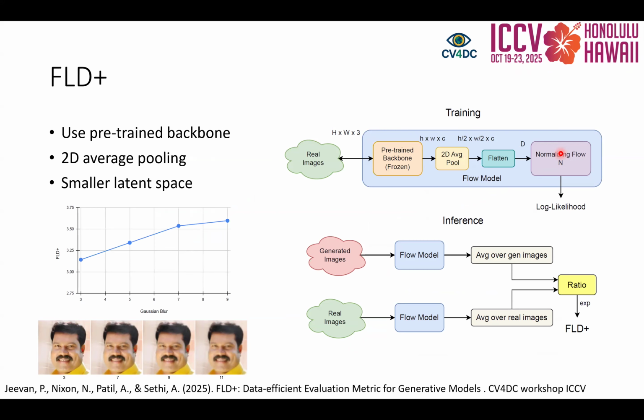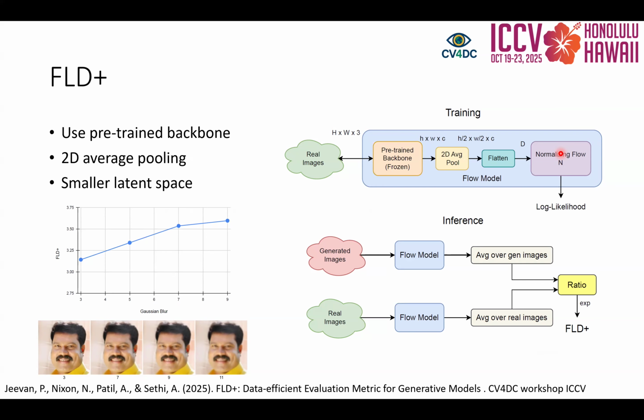So finally, as a final improvement, we combined the previous two methods to have a pre-trained backbone, followed by 2D average pooling, and the features are flattened and then passed to a normalizing flow, and then we finally compute the log likelihood and thus the ratio, which is basically what FLD does and what RL2 does, in a combined way.